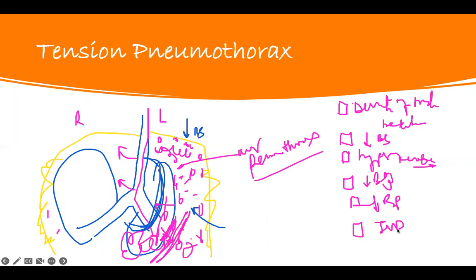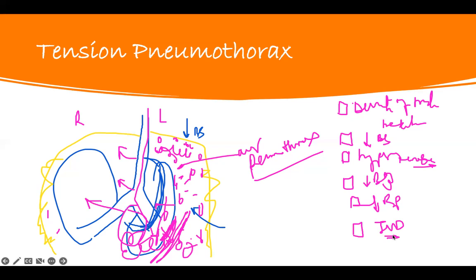You have this air squeezing, pushing the mediastinum. So if your heart is here, it starts to move, and so it gets squeezed. So it can't do its function. So they may have JVD because there's a decrease in venous return. And that is also expected.